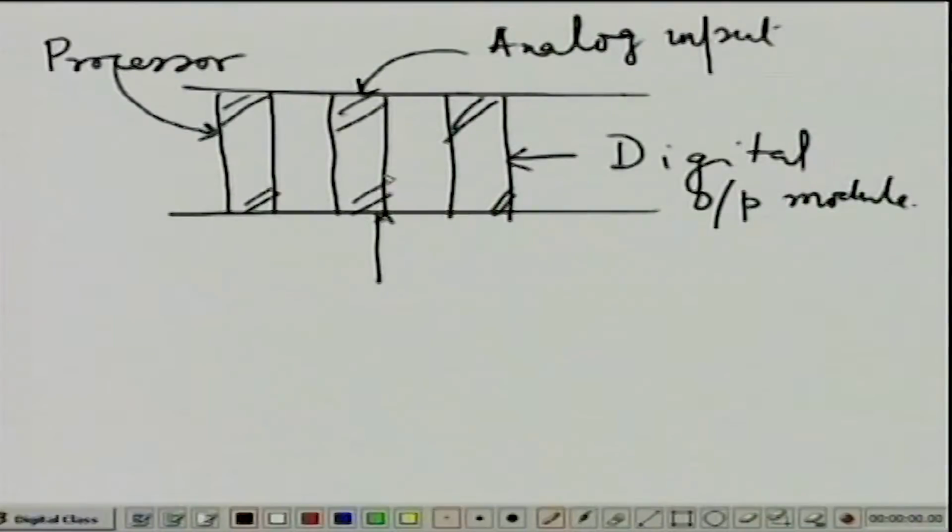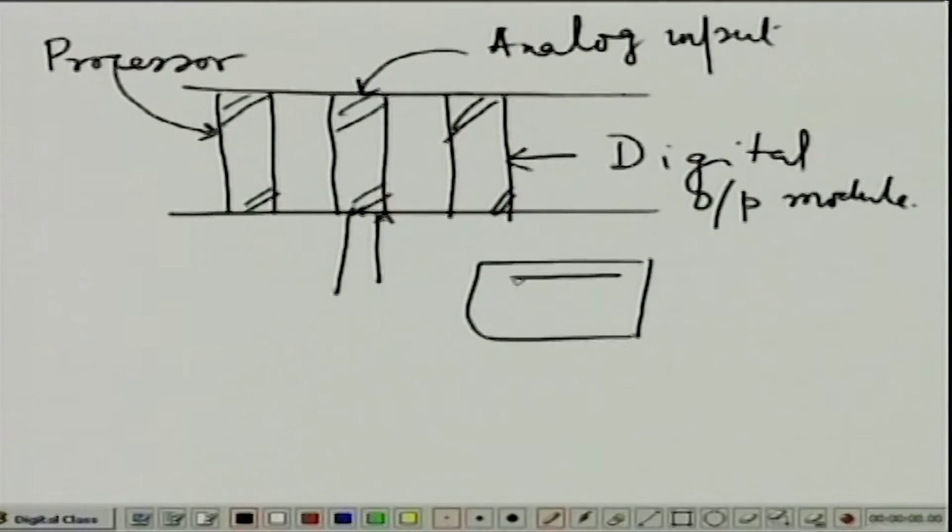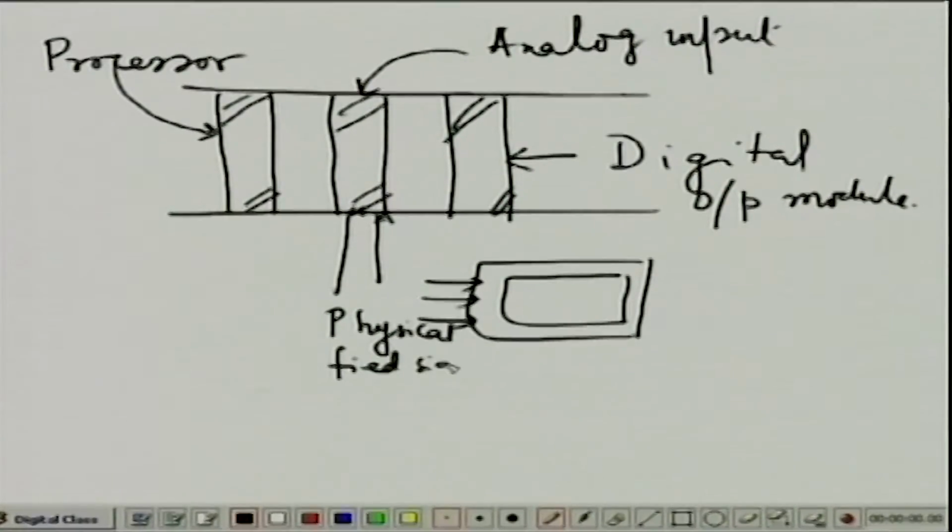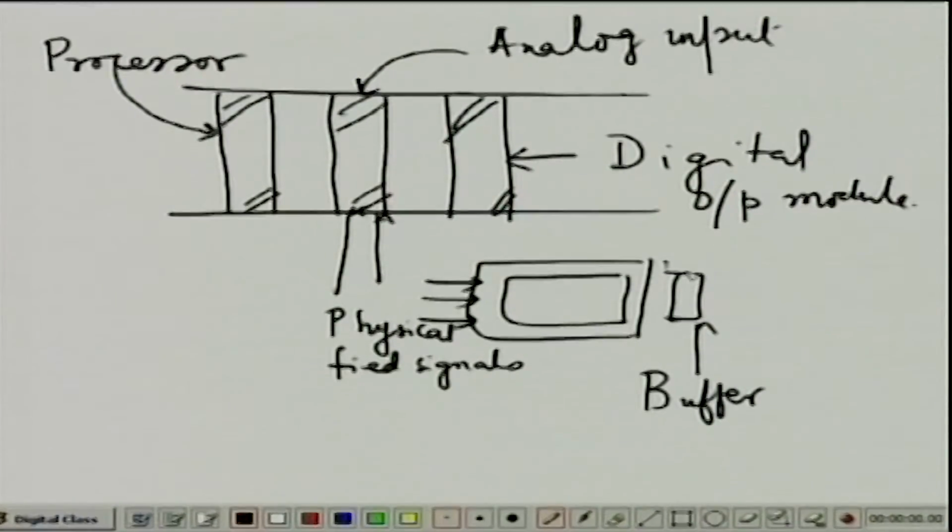Here is a board, suppose we are taking, so you have all the circuitry here. On this side the physical or field signals are interfaced, and on this side, symbolically maybe in a buffer, the values of these signals are stored.